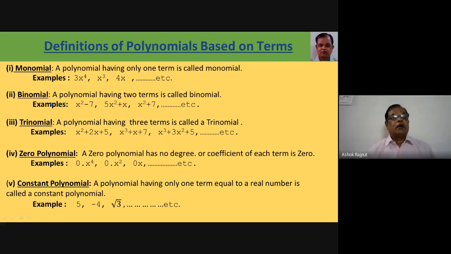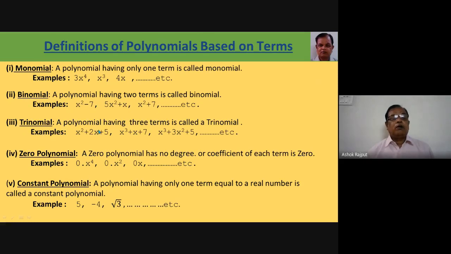Binomial: a polynomial having two terms is called a binomial. As examples, we see x square minus 7, 5x square plus 7, et cetera. Here we see two terms everywhere, so it is a binomial.